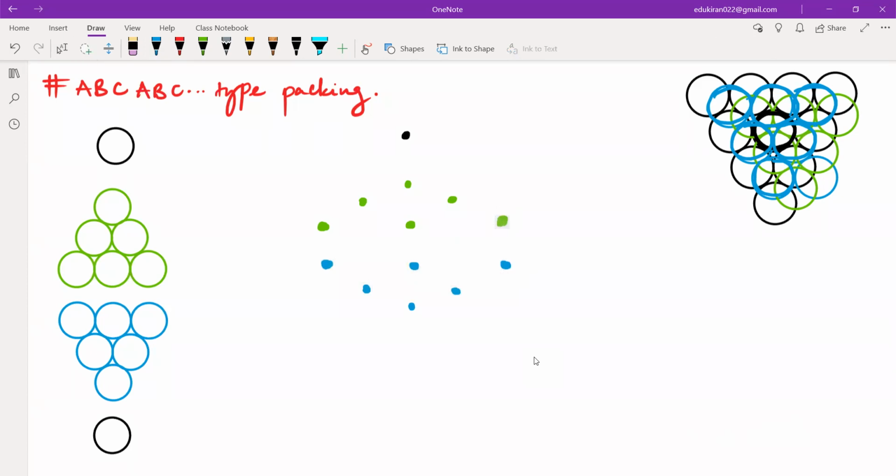Similarly, this should be a bit lower somewhere. Yeah. Now these are the blue atoms. Then we have one black atom here. Okay. Now let me try to join them. I think I will have to move this down a bit. Yeah. Okay. So let me try joining them.